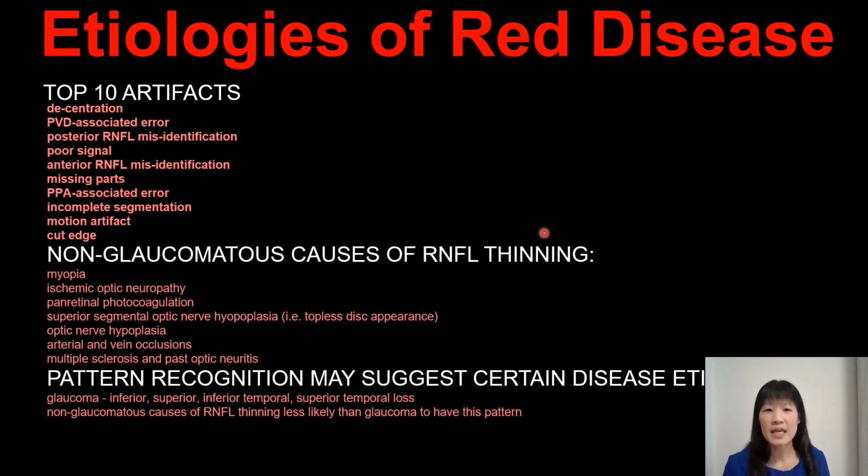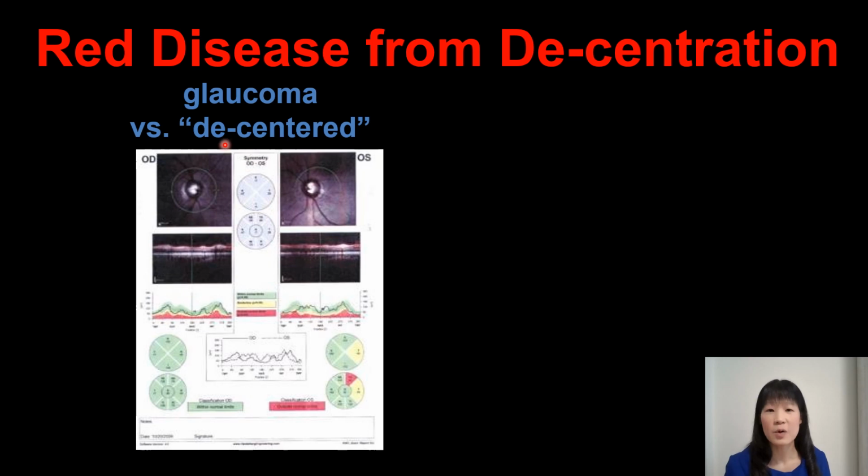Now, there are many etiologies for red disease, meaning your patient's totally normal without glaucoma, but there's red on the printout. Some etiologies are the top 10 artifacts, which we just went over, the most common one being decentration. So here's a real patient of mine with a right eye and a left eye. And I said, oh my goodness, my patient suddenly has a new superior area of thinning.